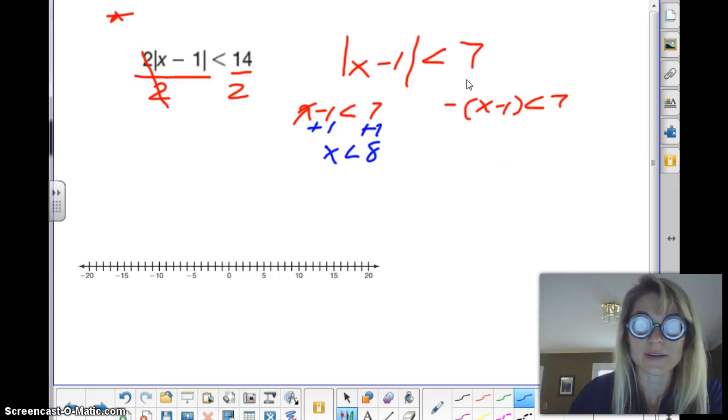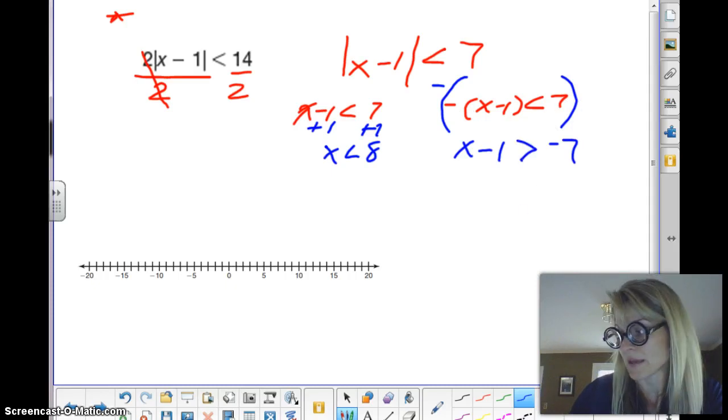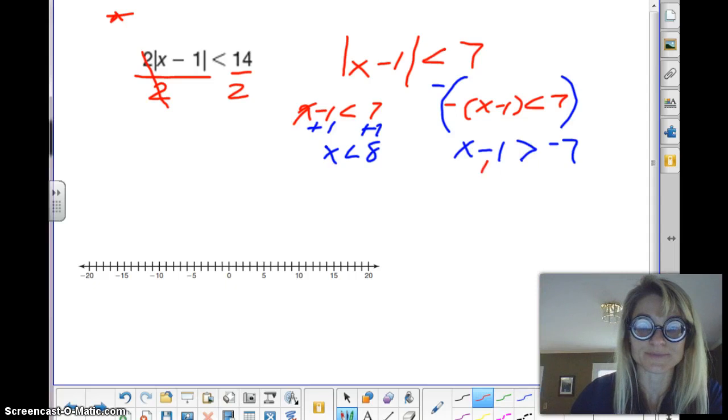And then here, to get rid of that negative, we multiply by negative. So this is going to be x minus 1, because these become positive. And then this is going to become negative, so I must switch this around. Okay? Then we'll just do some solving here. Add the 1. And we have x is greater than negative 6.